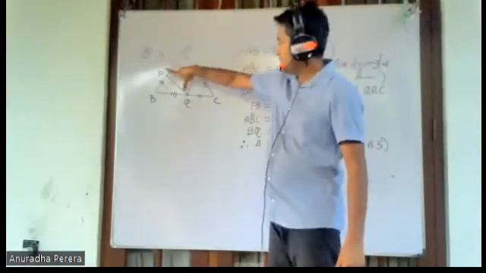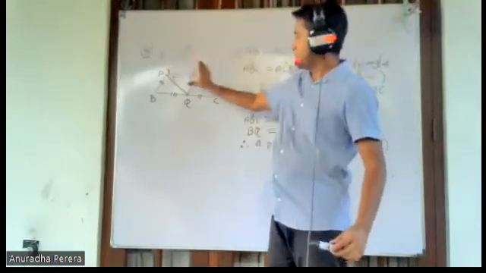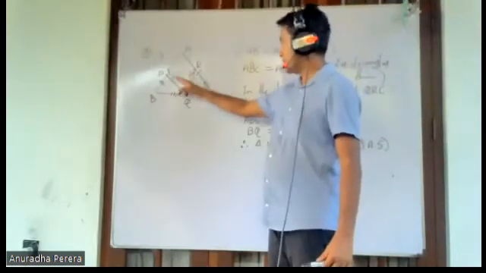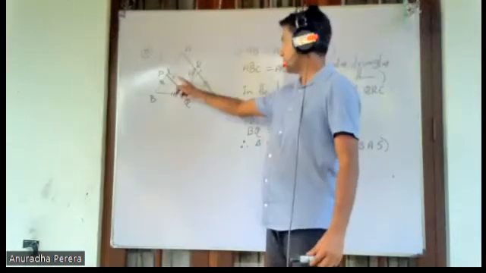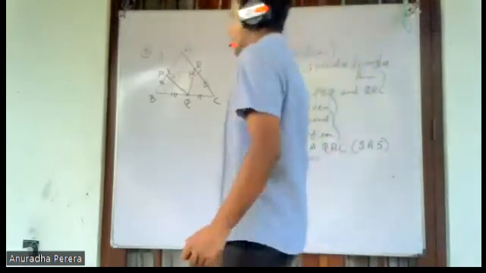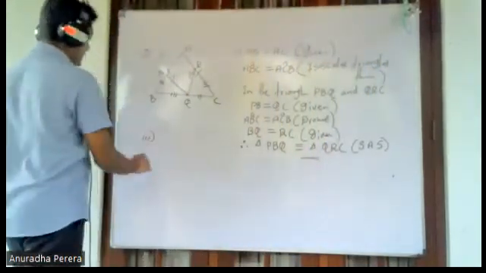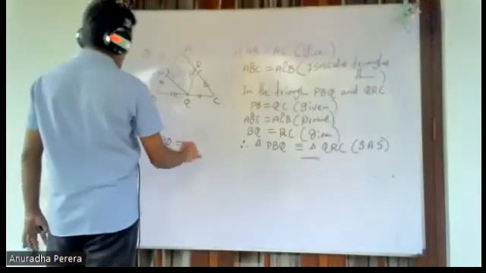Then PQ equals QR, the reason being corresponding sides of congruent triangles. Then, by using the isosceles triangle theorem, these two angles are equal.